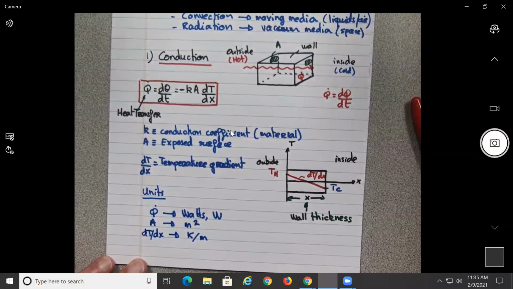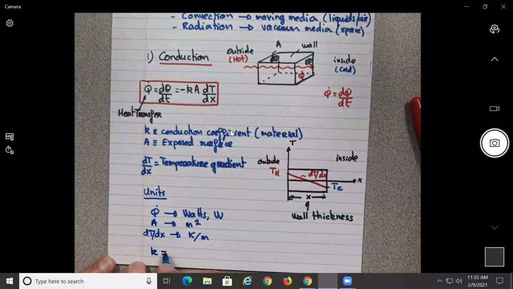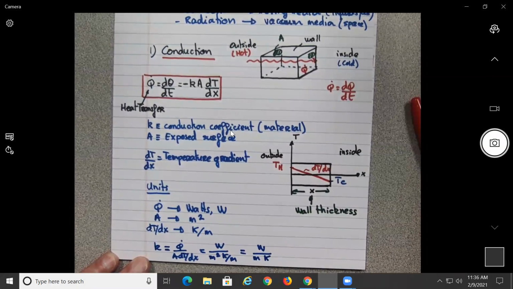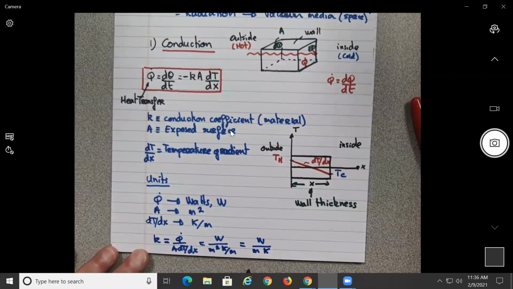Kelvin per meter, no? So what would be the units of K? Units of K should be proportional to what? Q dot divided by A dT/dx, no? Which is what? Watts, meters squared, Kelvin over meters. So units of K should be watts divided by meter Kelvin, which is what we had on the tables that I showed online.